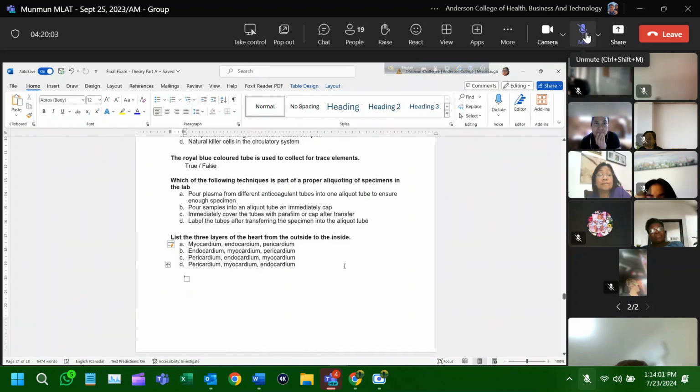It's C. Immediately cover the tubes with parafilm or cap after transfer. Yes, letter C. Yeah, the labeling is before we transfer the sample. Right, right.